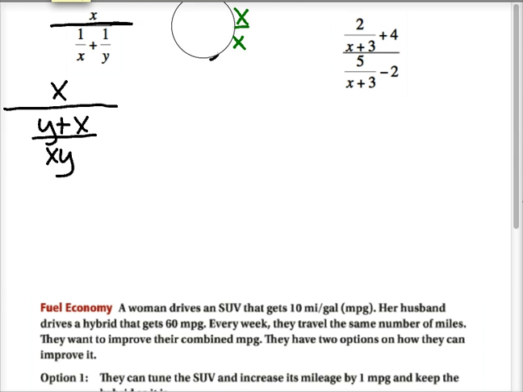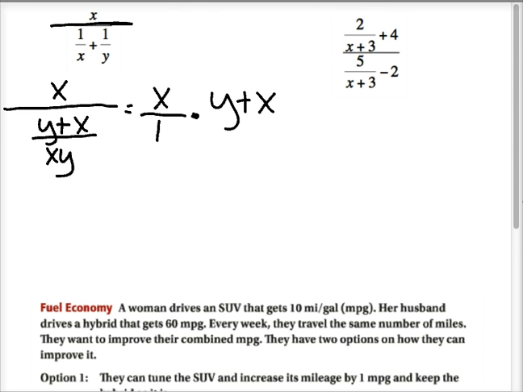So I'm going to erase all this so my work doesn't get too messy. So multiplying by the reciprocal. So here I'm going to call that just x over 1. So when I multiply by the reciprocal, you can see how things are lining up. Oh, I'm sorry, that would not be the reciprocal.